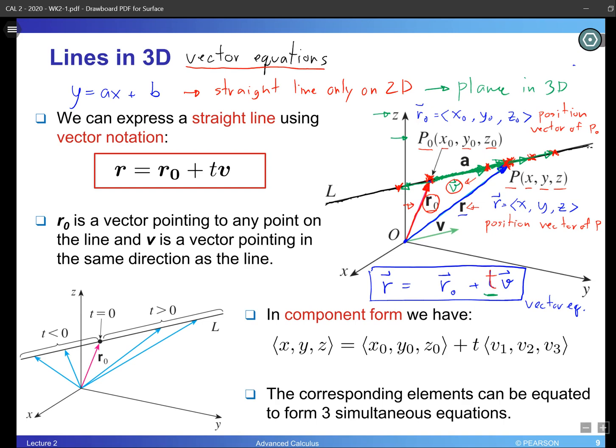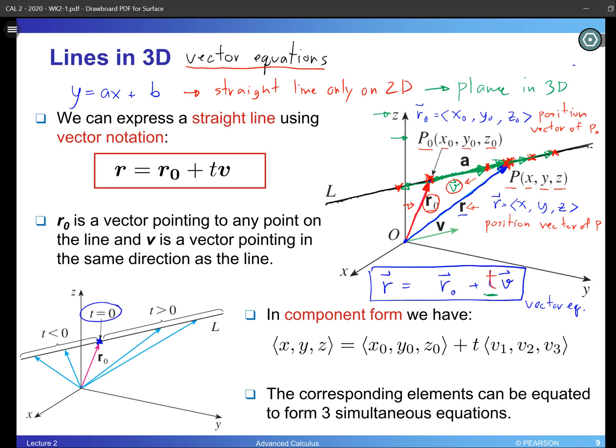So let's take a look at the figure on the left hand side. We are going to start at point P0, which has this position vector r0. If t is equal to 0, it means that we add nothing. So we are going to stay on this point.